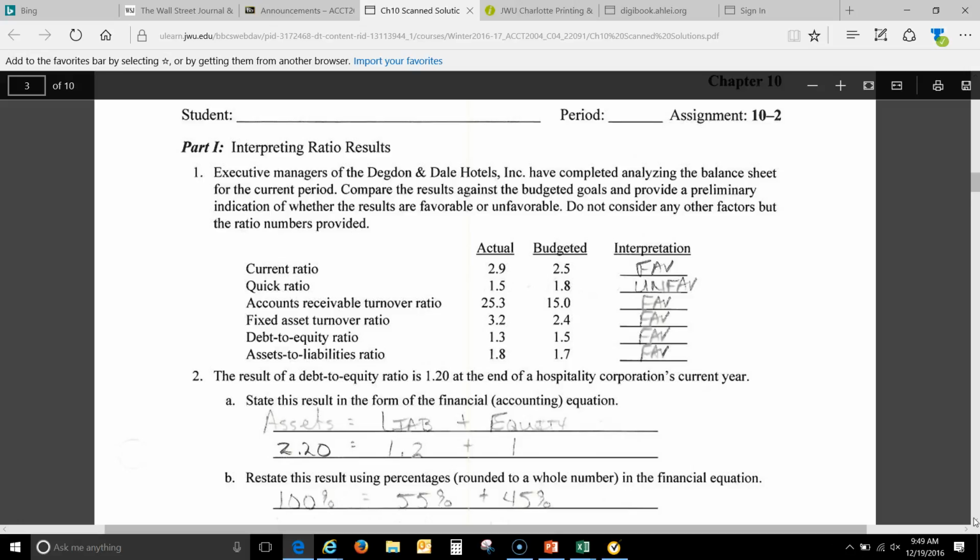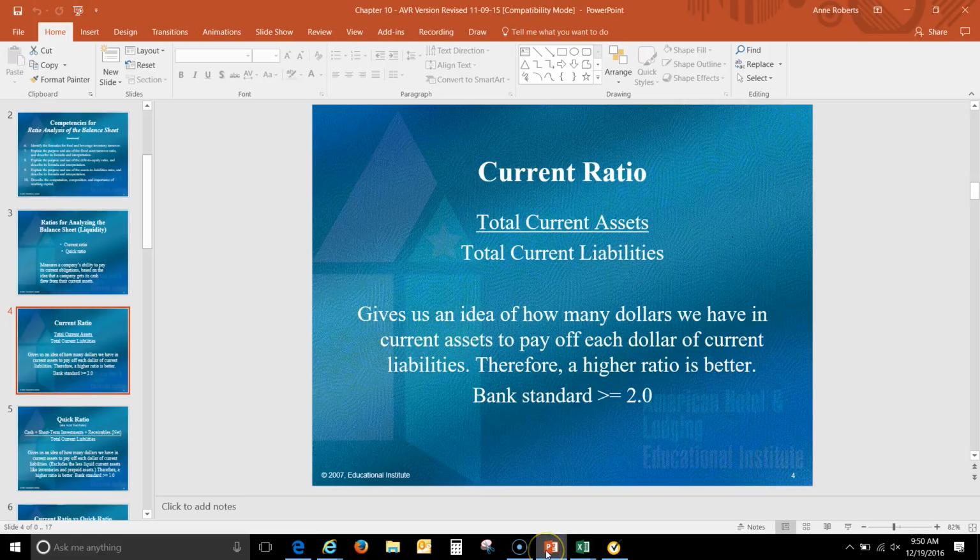Now I'm going to pull up some of these old PowerPoint slides. The first one we have to evaluate is the current ratio: current assets over current liabilities. On this one, remember, a higher ratio is better.